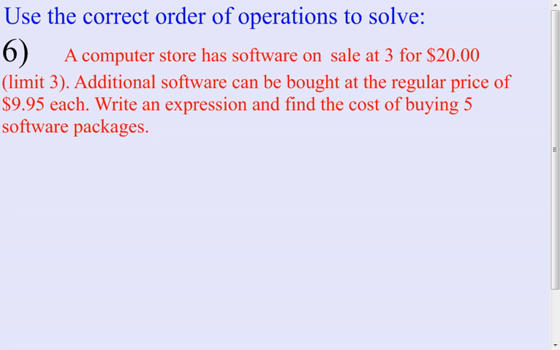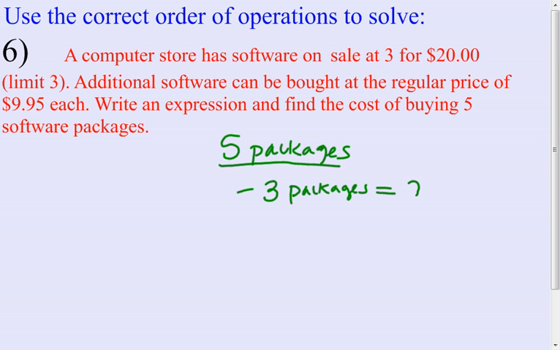Okay, so if you have 5 packages, that's what you need to buy total. I want you to think about this. You have 5 packages, but here's what's happening. The first 3 packages will equal the $20. Then you have 2 packages left at $9.95 each.